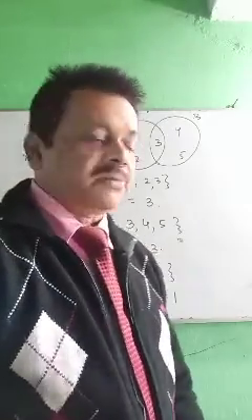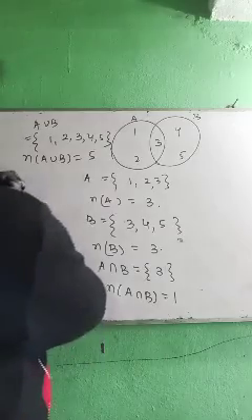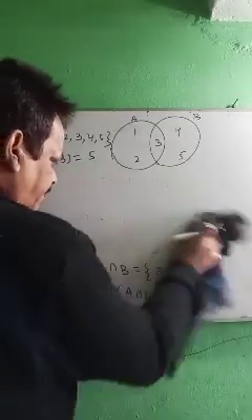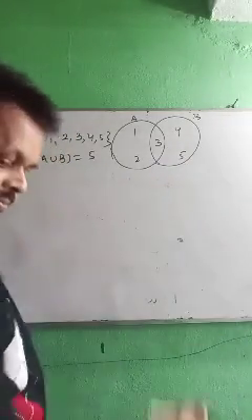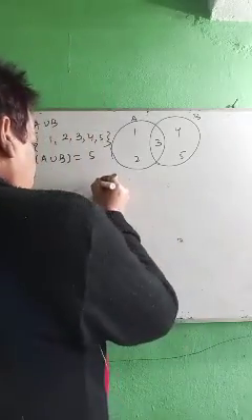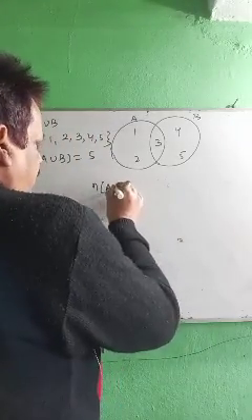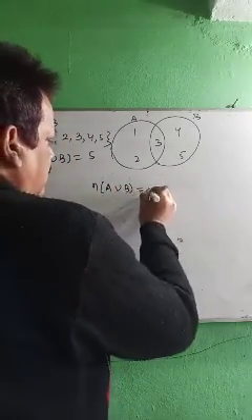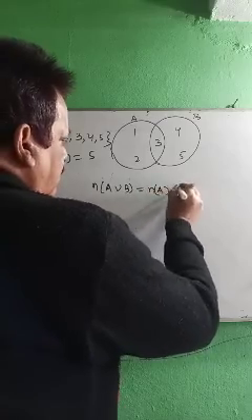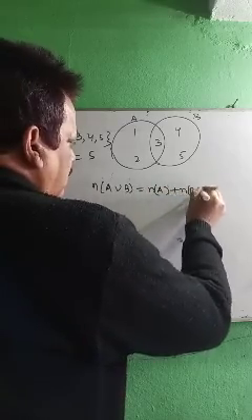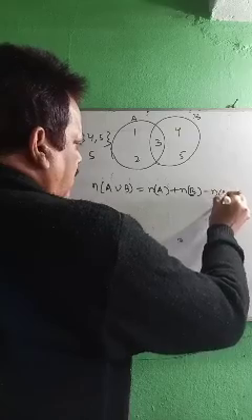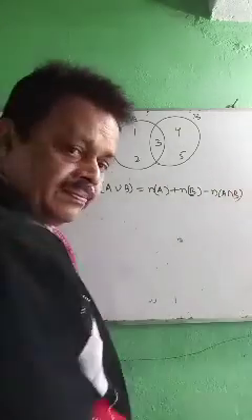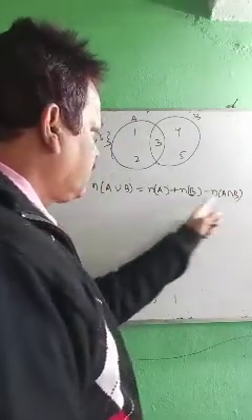So you got the formula: n(A union B) is n(A) plus n(B) minus n(A intersection B). This is the formula I got.